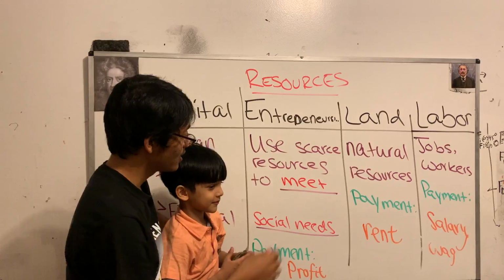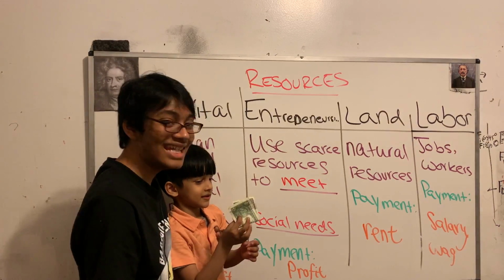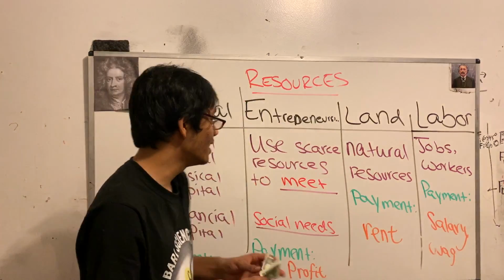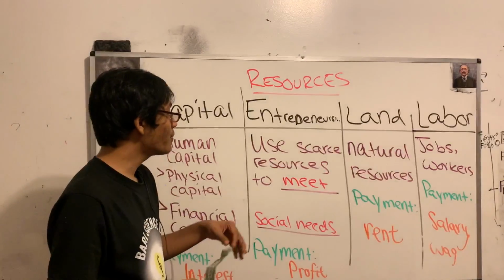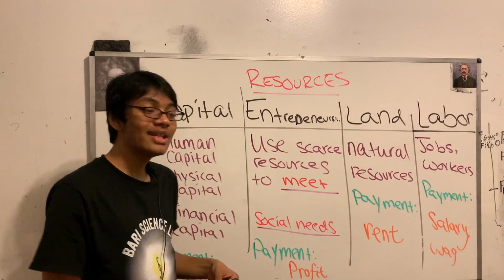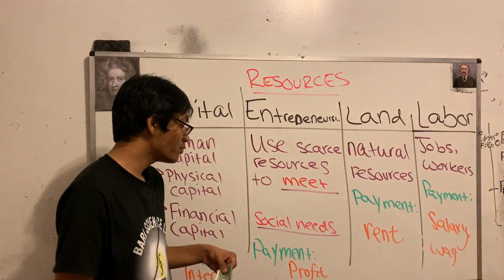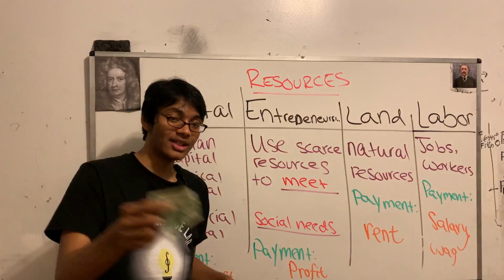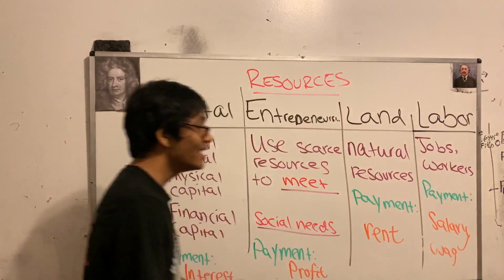Here, this one. Money. That was the magic word. Money. Okay? It's all about using limited resources to meet social needs. And if you do that in a good way, in a successful way, you're going to make a lot of money. Okay.